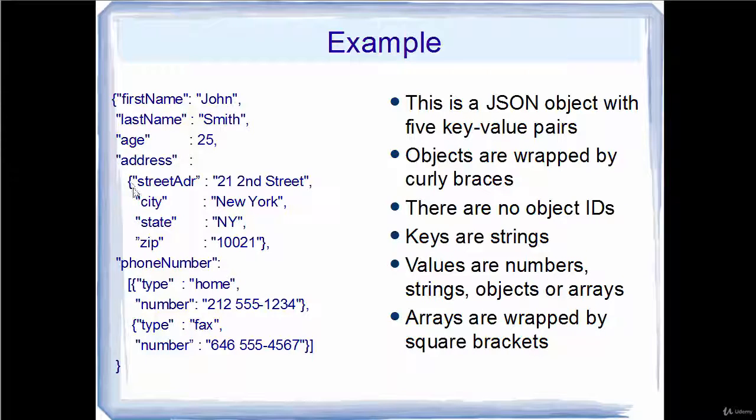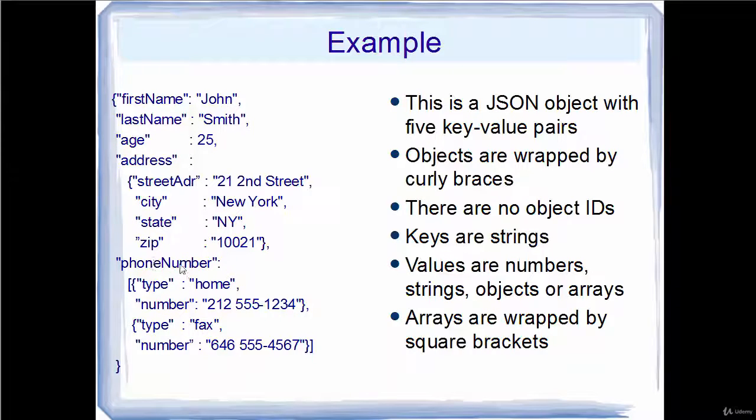So an object is nothing but the combination of these key value pairs, and they are created using these curly brackets. So this whole is an object. The combination of street, city, state, and zip is an object, right?